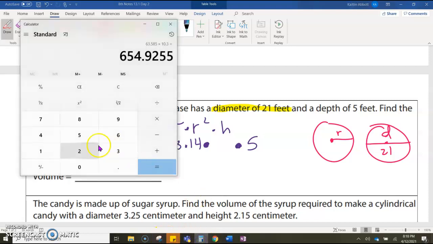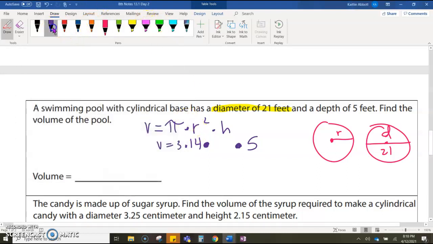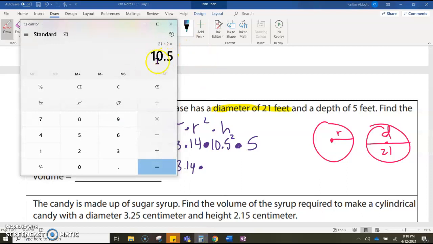So let's get our calculator. We're going to do 21 divided by 2, which gets us 10.5. So our radius is 10.5. Sorry, 10.5 squared. Okay, let's solve that exponent before we go on and show everything in the calculator. Volume equals 3.14 times 10.5 squared. I already have it in the calculator, so I'm just going to press the squared button.